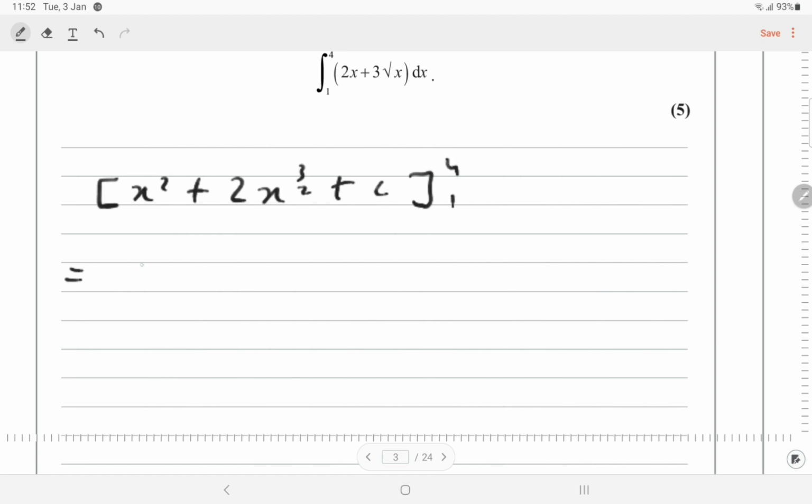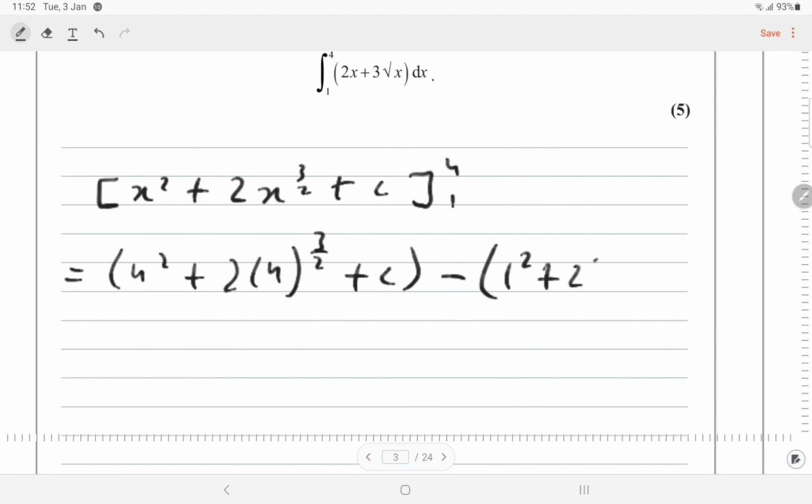Then when we expand that, we get 4 squared plus 2 of 4 to the power 3 over 2 plus c, minus 1 squared plus 2 of 1 to the power 3 over 2 plus c.